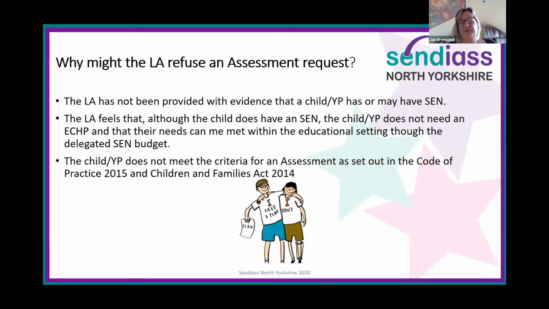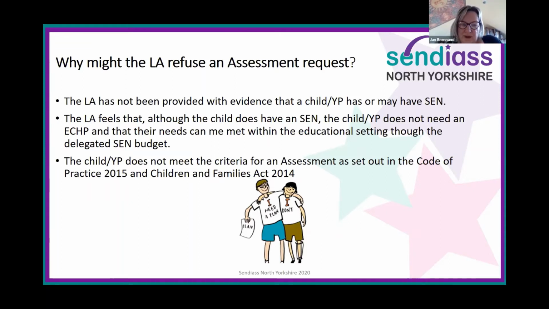So why might a local authority refuse an assessment request? One of the main reasons is because the local authority has not got enough evidence that that child or young person has or may have SEN, and I'll come to that "may have SEN" on another slide. The local authority may also feel that although the child does have SEN, it does not need to be met through an education healthcare plan, that their needs can be met within the setting through what's called the delegated SEN budget.